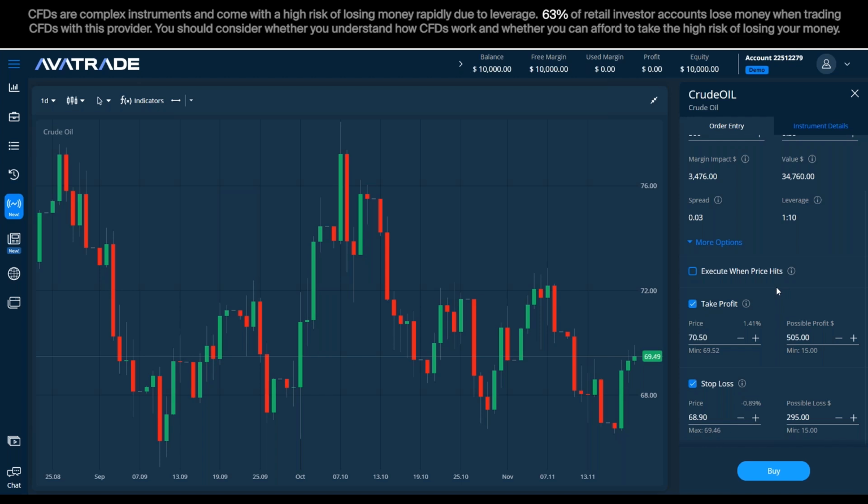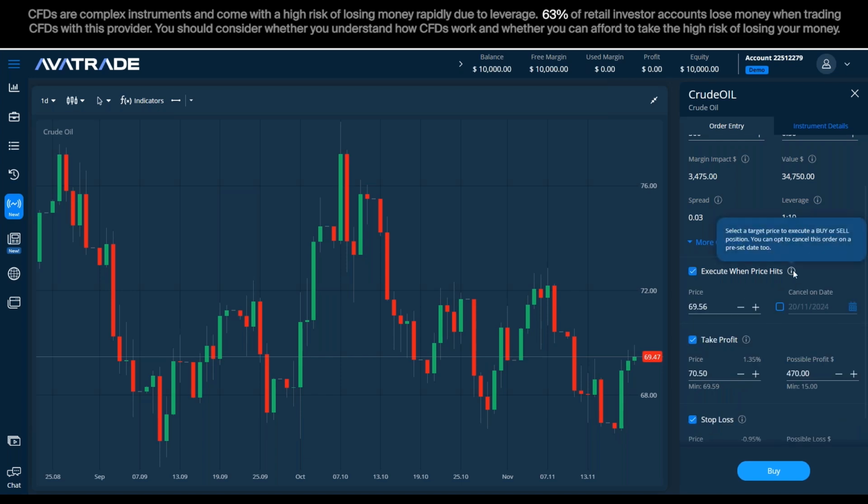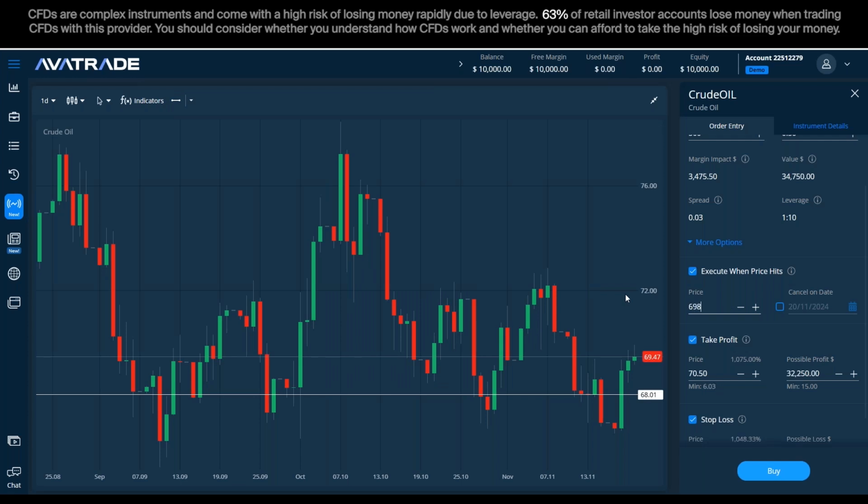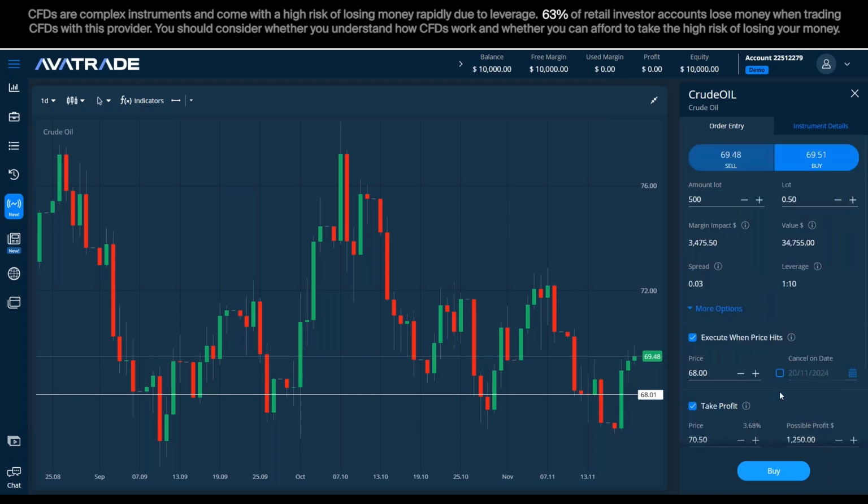Pending orders are orders that need to be triggered, from either above or below in a certain type. So we have execute when price hits. So that means that if I mark, let's say, 68 flat as my entry, and I place here 68, then what will happen is you must remember that it acknowledges what we have here on the top.